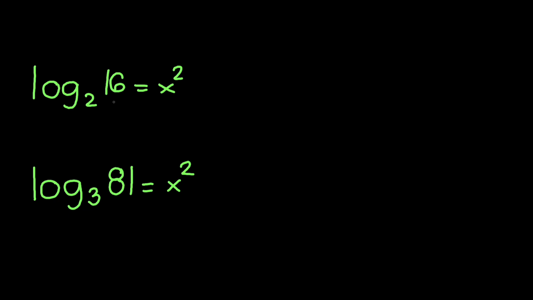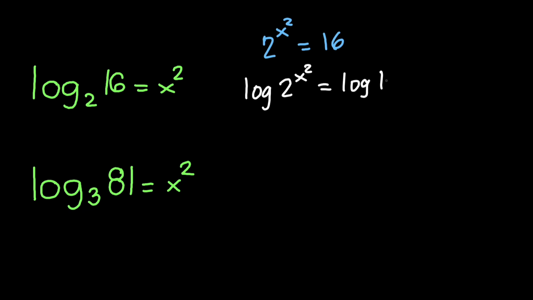Log of 16 with base of 2 equal to x squared. Converting this would be 2 to the power of x squared equal to 16. So, multiply log by both sides again, and bring down x squared here.